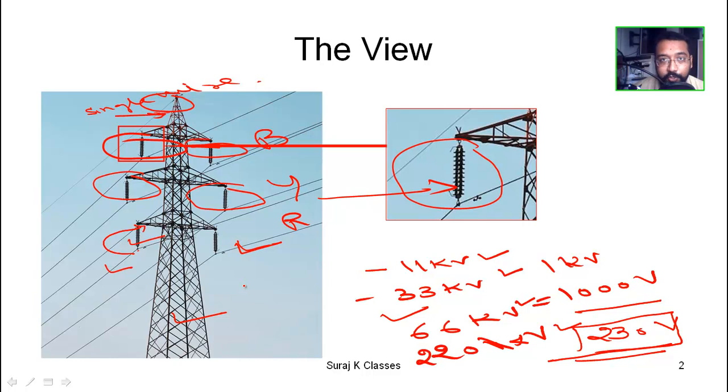And now if you think of 33, 66 and 220 kV, and there are even higher voltages than 220 kV as well.